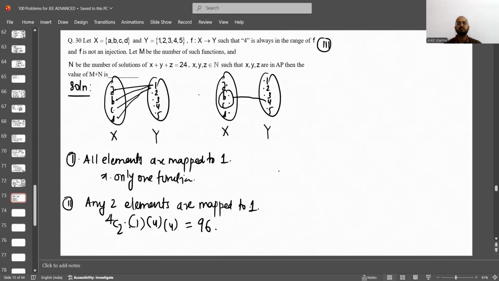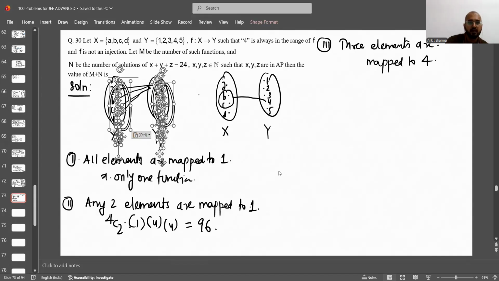Now, for the third case, we take 3 elements mapped to 4. So for 3 elements mapped to 4, I'll create the same scenario.